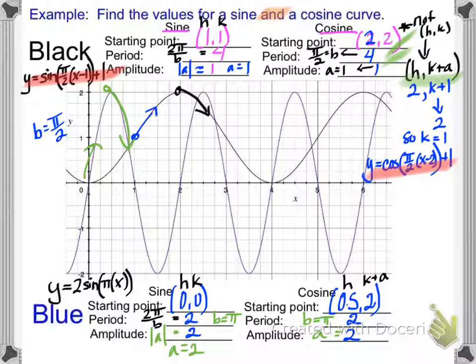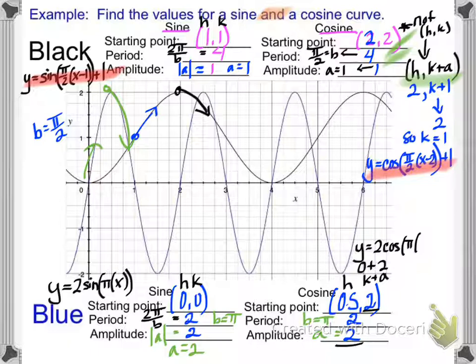Now for cosine, we have to remember that h is identical to your starting point for x, but k plus a gives you the 2. So again, what is the a value? The a value is 2, so 0 has to be my k value because 0 plus 2 is 2. So now I have the rule. I have 2 cosine of pi. Again, that's identical to the sine one because a and b are 2 and pi.